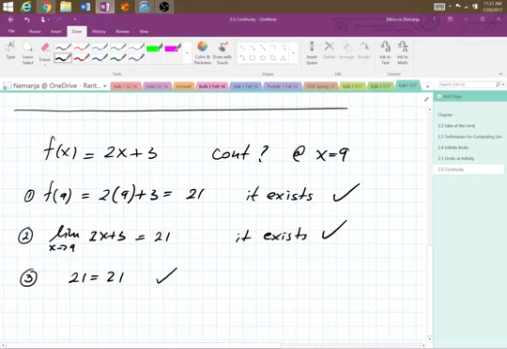So because it passed all 3 of these conditions, we say yes, 2x plus 3 is continuous at x equals 9. Now, we have no clue what's happening at 5, what's happening at negative 100. We have to redo the whole thing for those values. But we know that this function is continuous at 9.